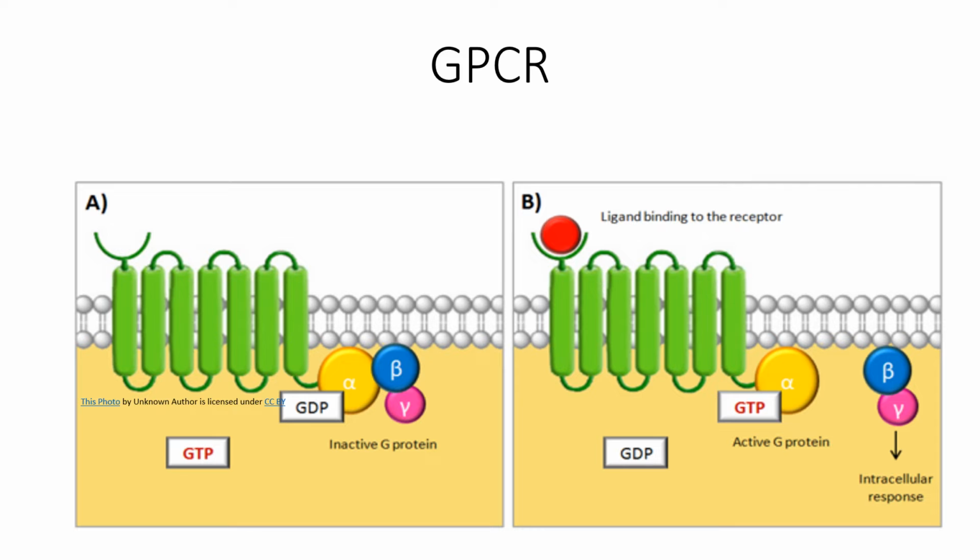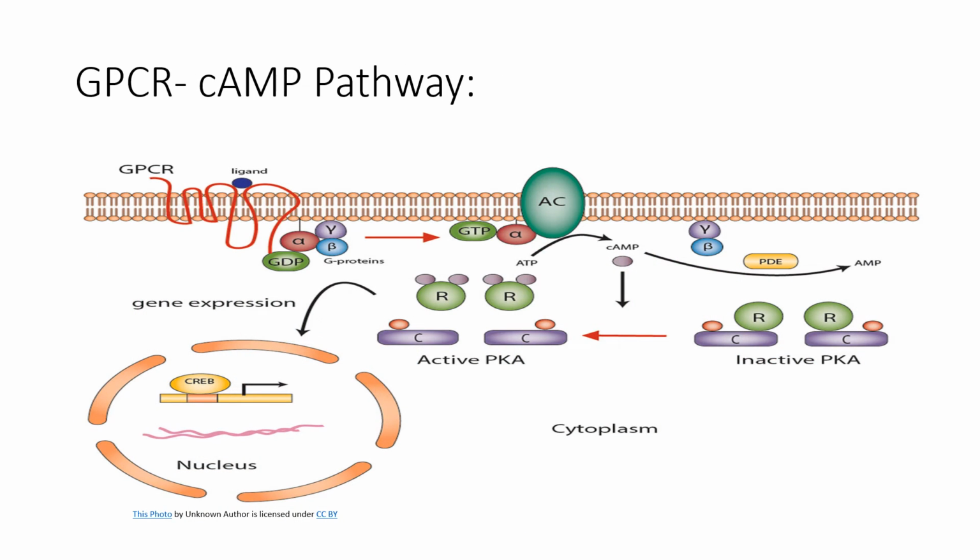Now for the next one, the cyclic AMP or cAMP pathway. In this cAMP pathway, what happens? This GPCR is present on the cell surface and the ligand is bound to the receptor. Then alpha, beta, gamma subunits are separated when GTP is bound with the alpha subunit. And this activated alpha subunit then activates adenylate cyclase.